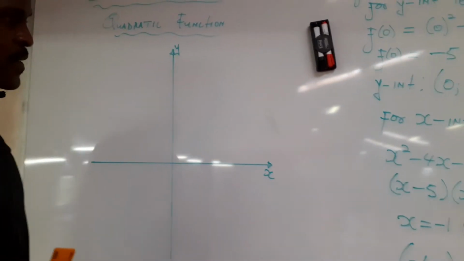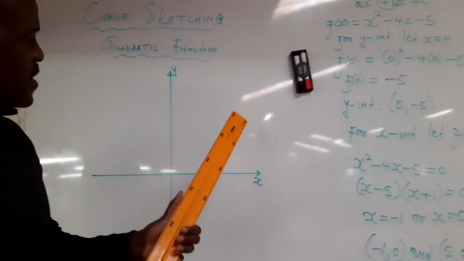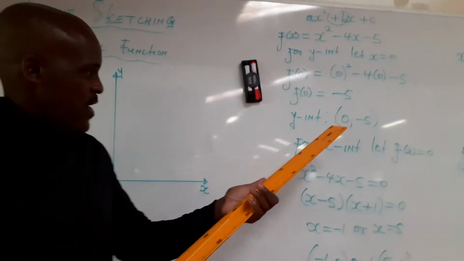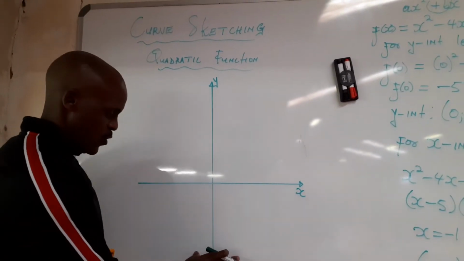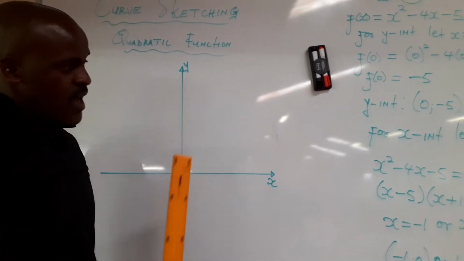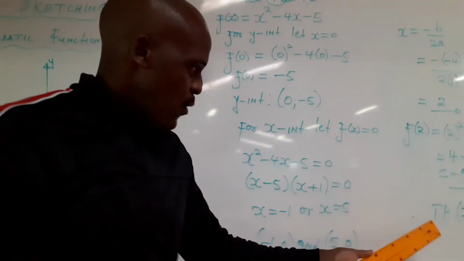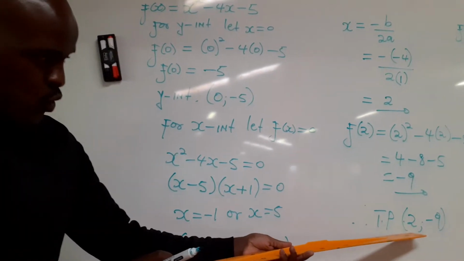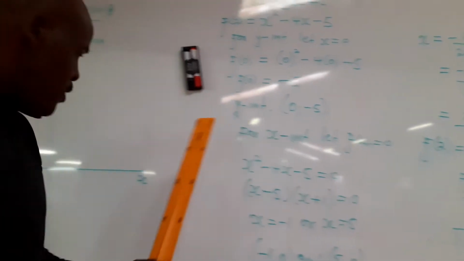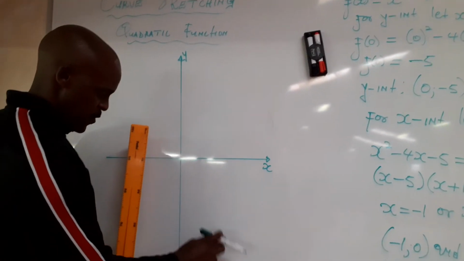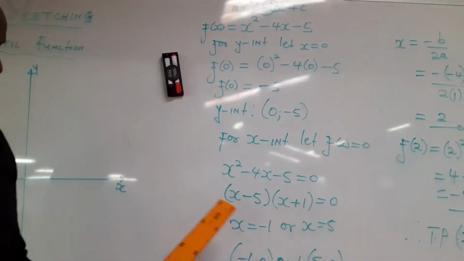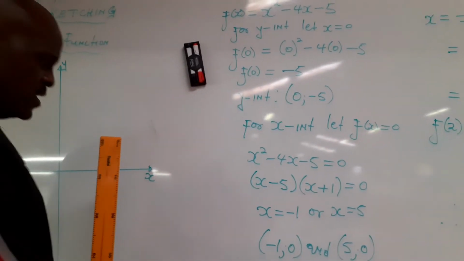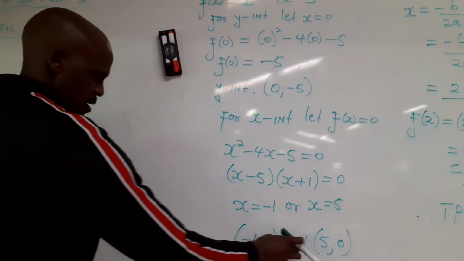Right. And then let's check our y-intercept. Our y-intercept is -5, which means that will be on the fourth quadrant. Again, our turning point, 2 is to -9. That's the fourth quadrant again. And then let's look for our x-intercept, -1 and 5.